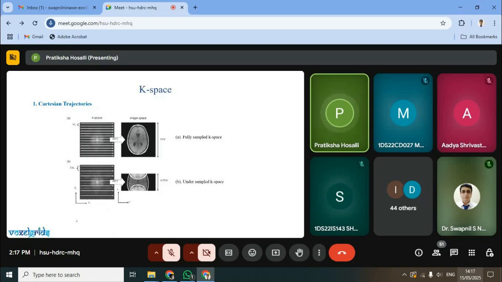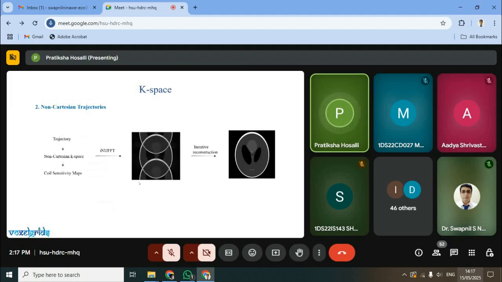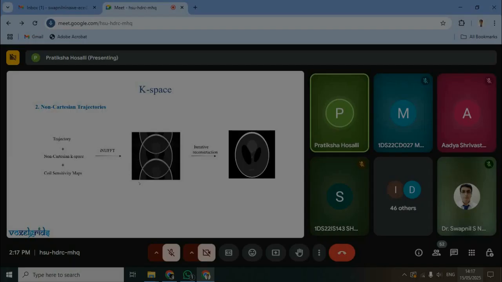I want this picture, so from this artifact image to this one, to construct that, we have so many reconstruction methods. This one we call parallel imaging. There are so many different varieties in that. In our company we use parallel imaging. And this is the most significant one.